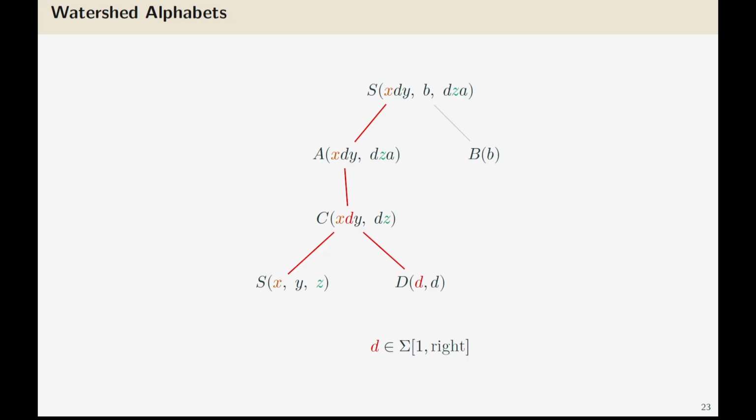Imagine this as a river. The fixed point of the embedding from X to X is the main river, and then there are little letters flowing in from the side. So we can see that D ends up in the first component, and in particular, it gets concatenated to X from the right. So this is our alphabet sigma 1 right, of all the letters that can occur on the right. Similarly, the other D can join Z from the left, so it's in sigma 3 left. And that tells us what our alphabets are.